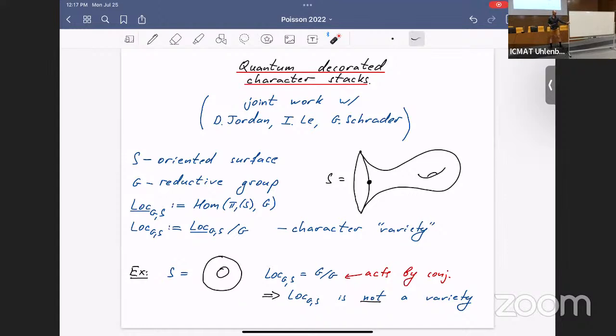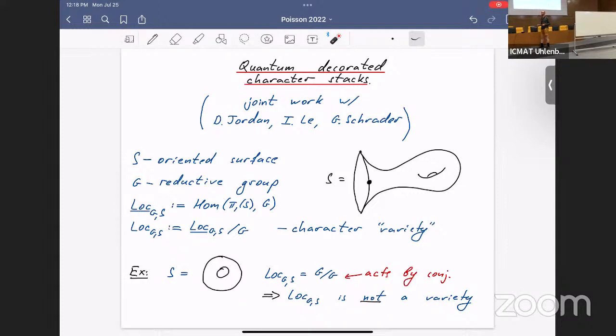Well, as we all know, these character varieties or moduli spaces of local systems admit a Poisson structure, and there are ways to quantize it. So we'll discuss that. All right. So the setup starts with an oriented surface S. For example, like this one, it may have non-trivial genus, may have boundary, may have marked points on the boundary, and a reductive group G. And then we consider these Loc_G^S.